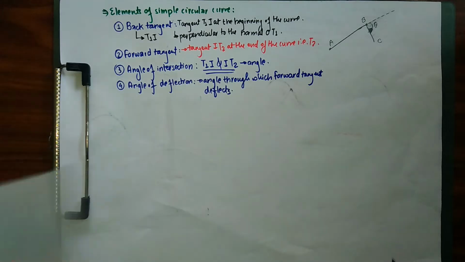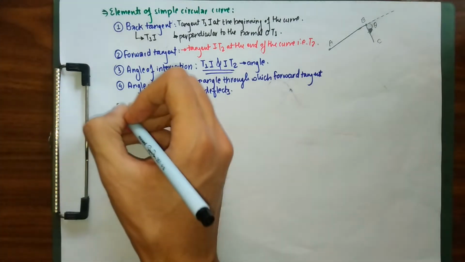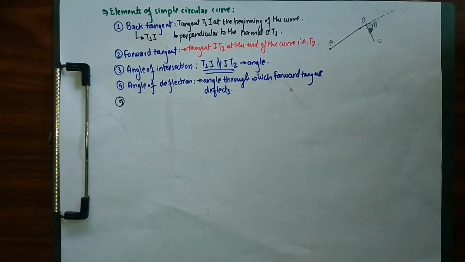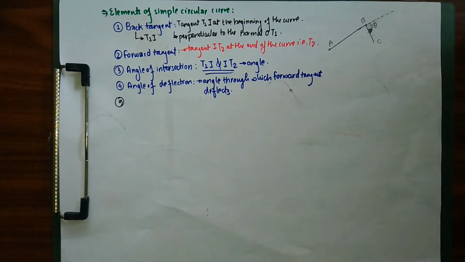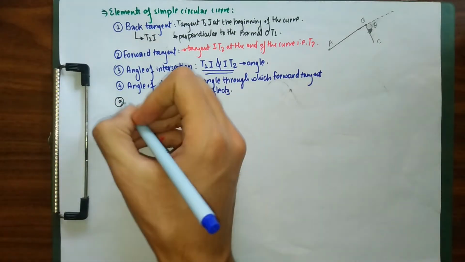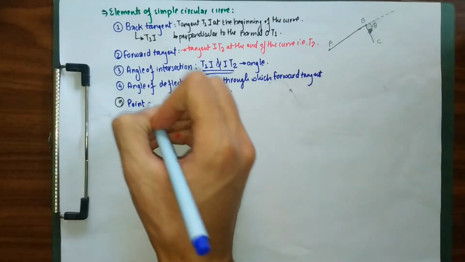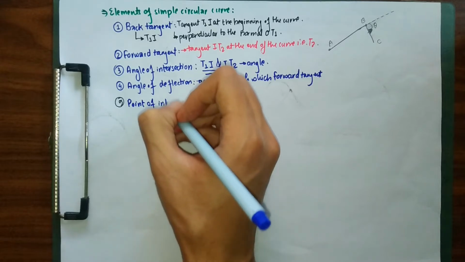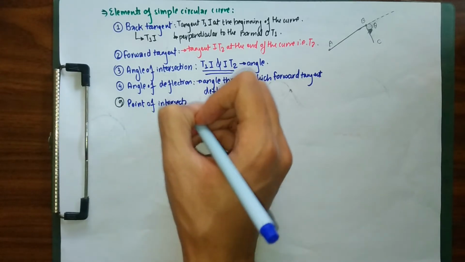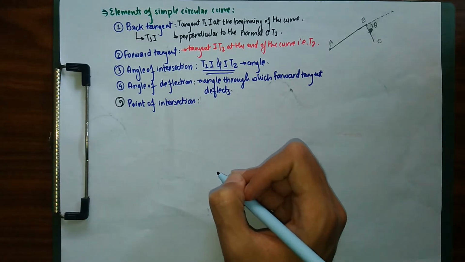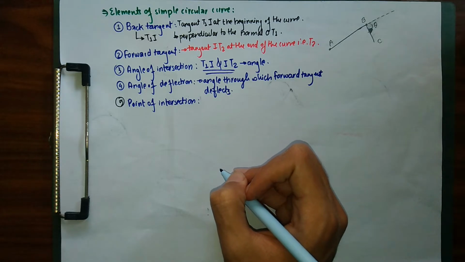Now we have our other element of a simple circular curve, number 5, our point of intersection. So what is the point of intersection?